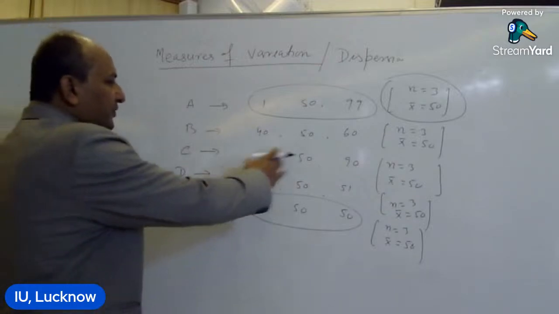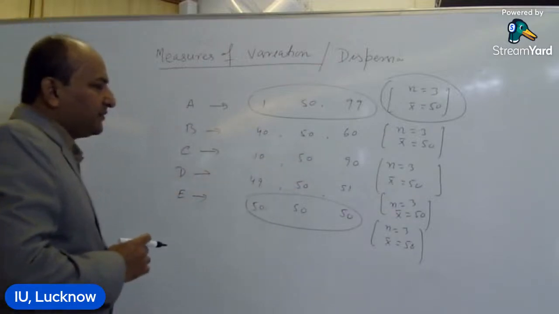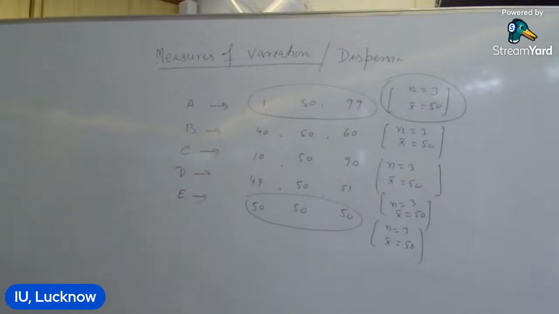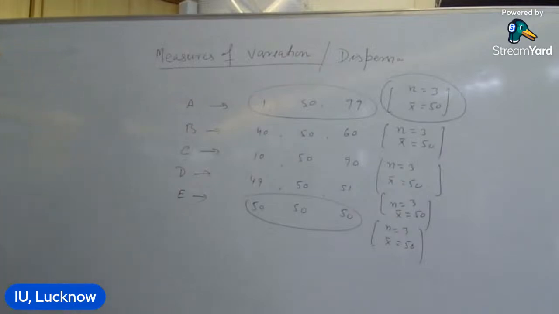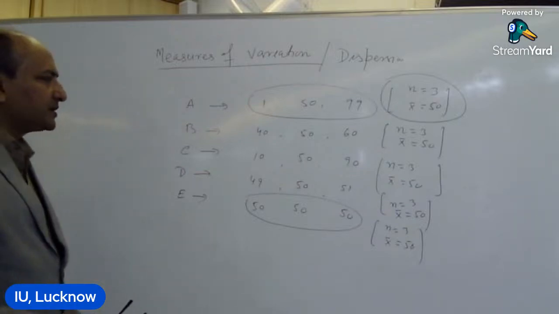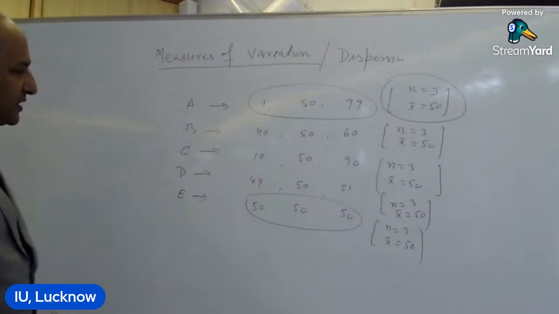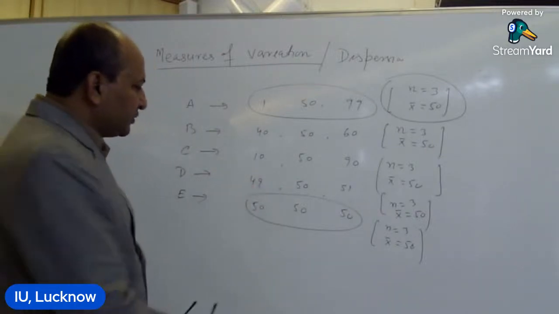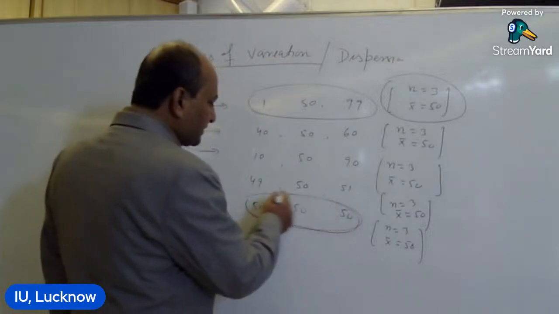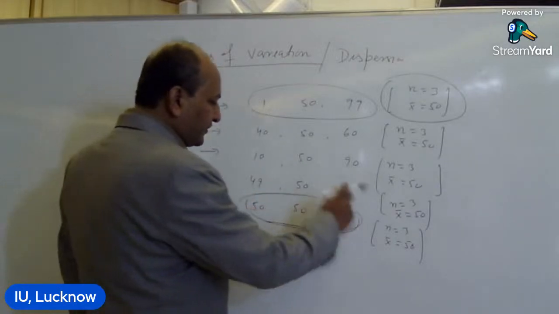The variation from the mean value and the study of this variation comes under measures of variation and measures of dispersion. So in this topic we will study the variation and dispersion of a set of observations from their mean value. Sometimes there are many variations, sometimes there is no variation, sometimes there is less variation. Here there is no variation because it is 50, 50, 50.